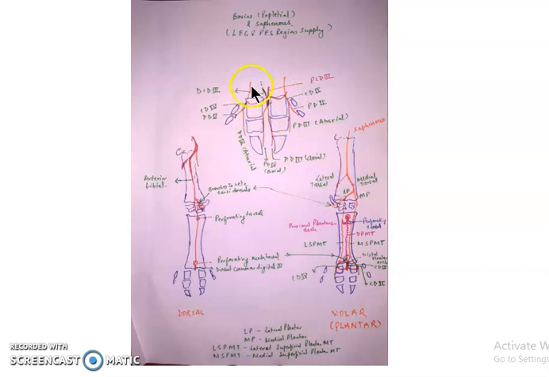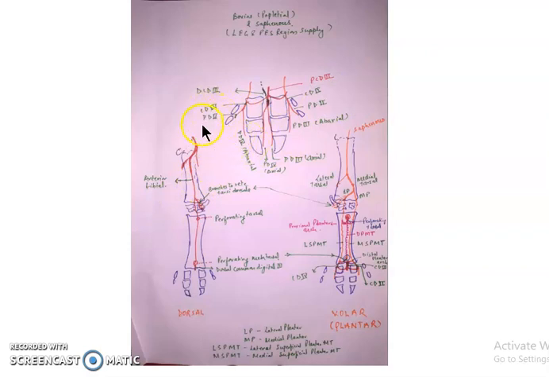Then, the lateral digital artery, that is the continuation of lateral superficial plantar metatarsal, is now called common digital 4. And that common digital 4 will be giving the proper digital 4 as well as proper digital 5.